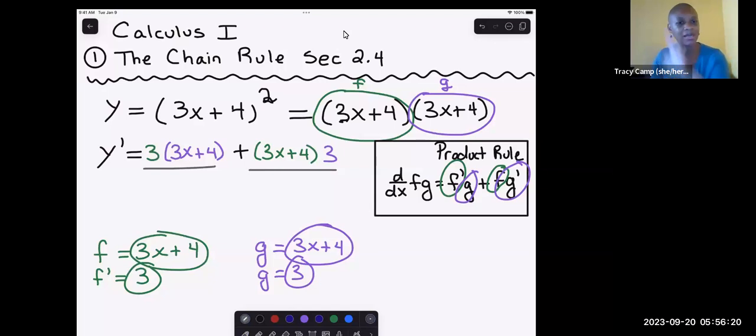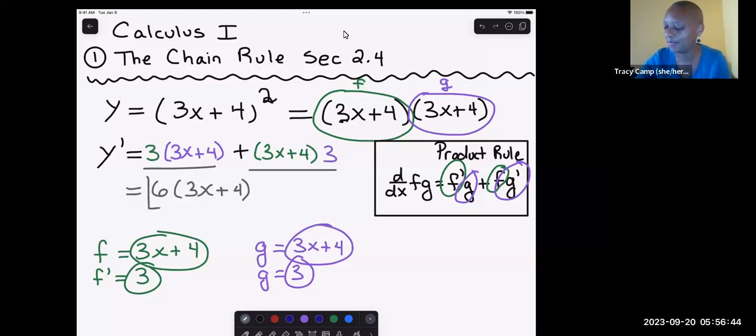We have 3x plus 4 plus another 3x plus 4, and we can combine those and we end up with a total of 6 times (3x plus 4). I'm just going to leave it like this for now, which I know is really kind of strange, but we'll come back to it, and you'll see why I wanted to leave it this way.